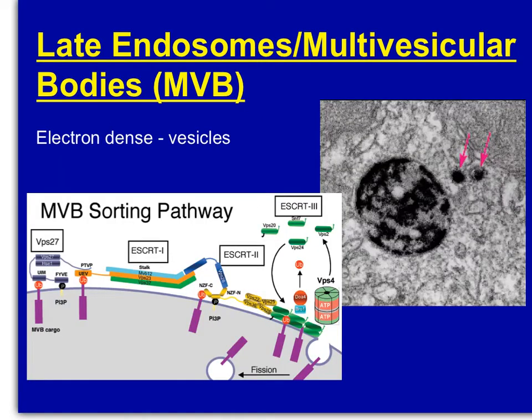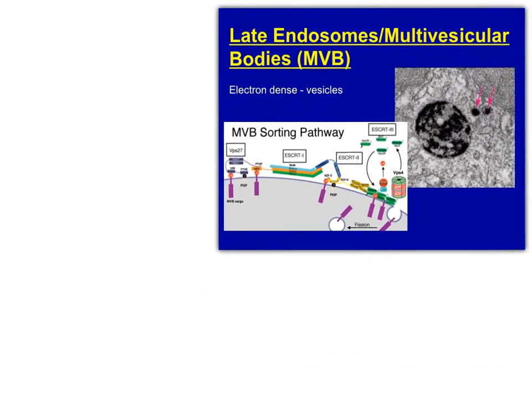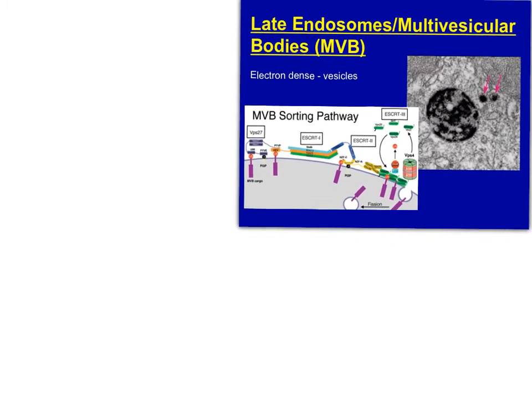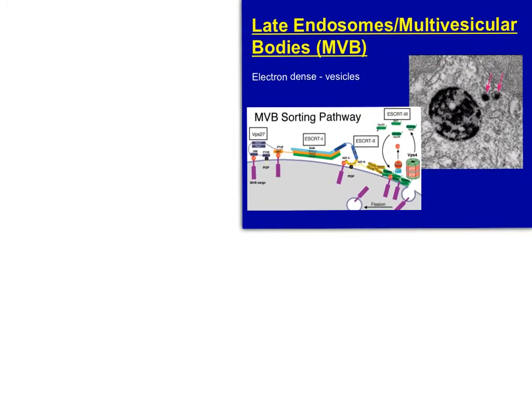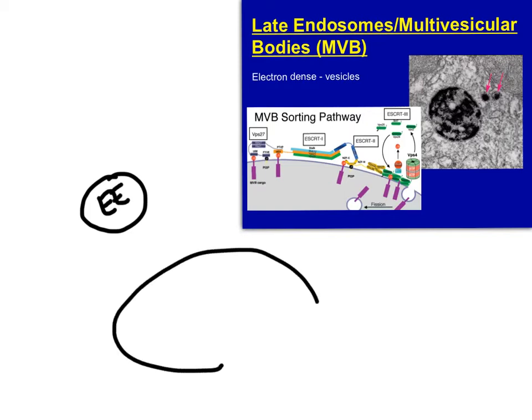So I mentioned to you that these late endosomes are also called multivesicular bodies. Well, this is a really interesting process. Let me just make this smaller. I'm going to draw just an early endosome here. I'm going to make my late endosome really big just so that you can see.